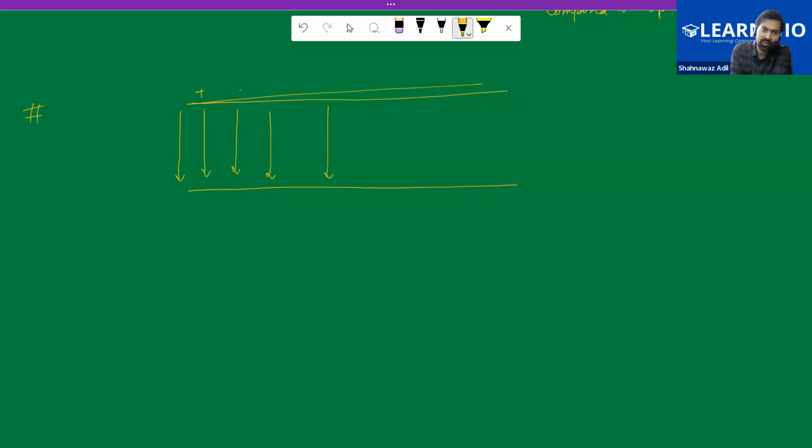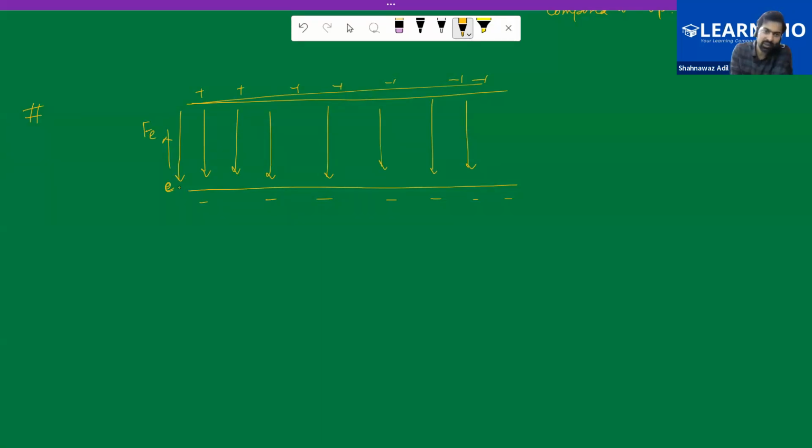So this is a positive charge, and this is a negative charge. So the electric field is in this direction, and then the electron is given some speed in here. So the electron will experience a force in the opposite direction. So in this direction, the force would be there.